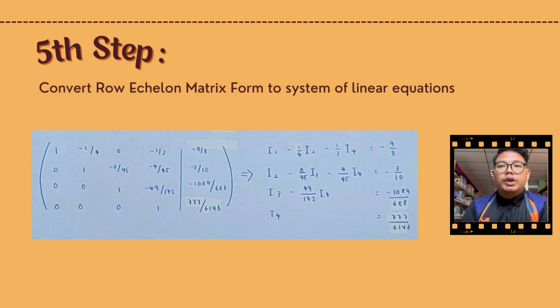The second equation will be I2 minus 8 over 45 I3 minus 4 over 45 I4 equals negative 3 over 10. The third equation will be I3 minus 45 over 172 I4 equals negative 1089 over 688. And the last equation will be I4 equals 777 over 6148.